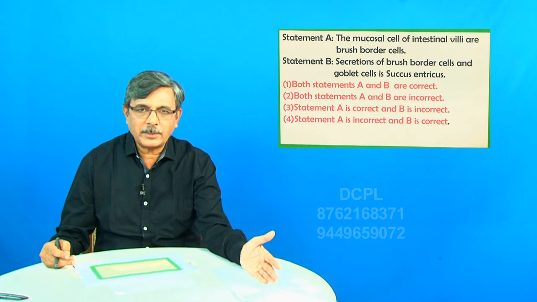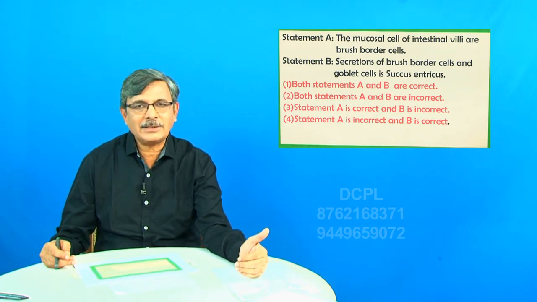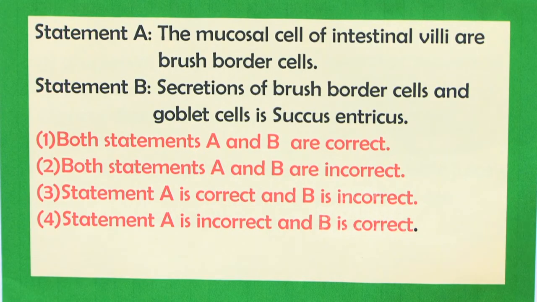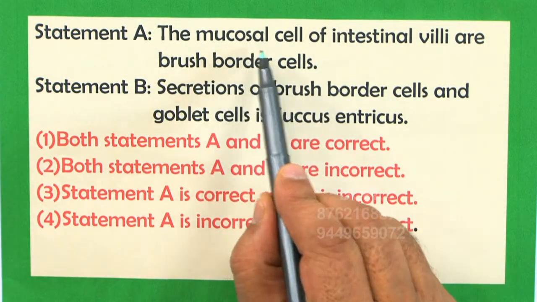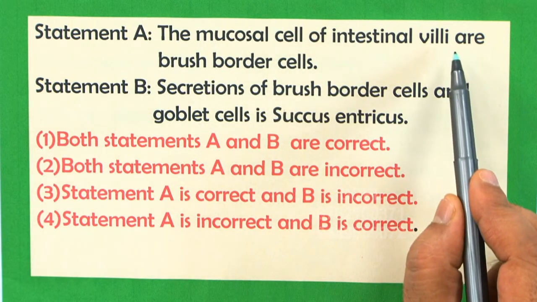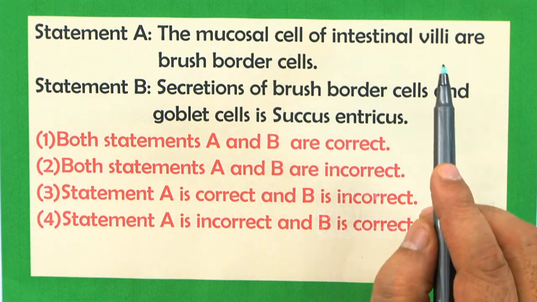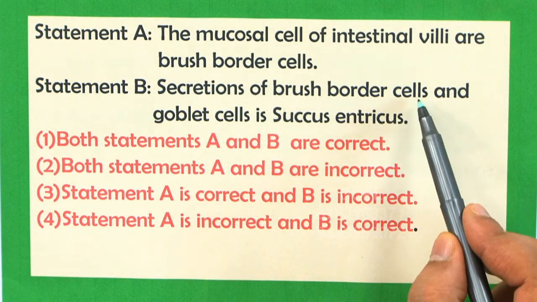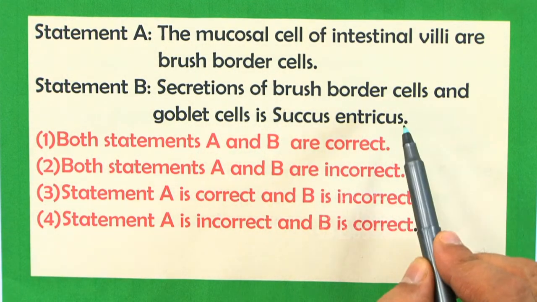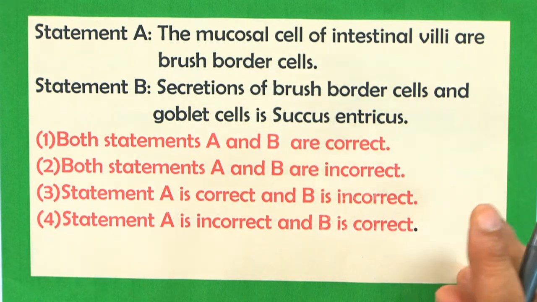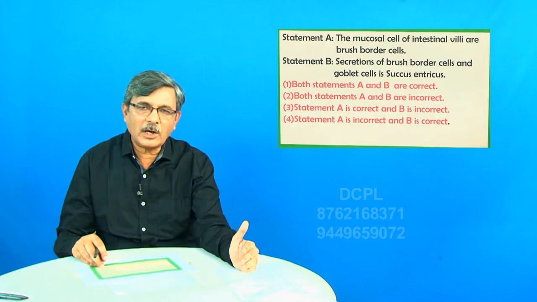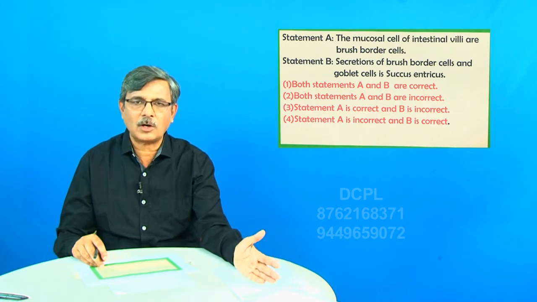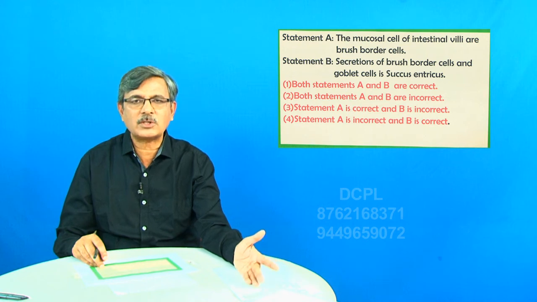There are two statements. Let us read the statements and then discuss and arrive at the answer. Statement A says the mucosa cells of intestinal villi are brush border cells. Statement B says secretion of brush border cells and goblet cells is succus entericus. We have to find out whether the statements are correct or wrong. Which is correct, which is wrong.